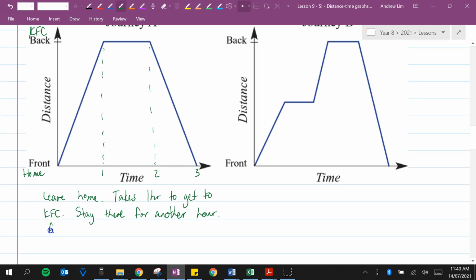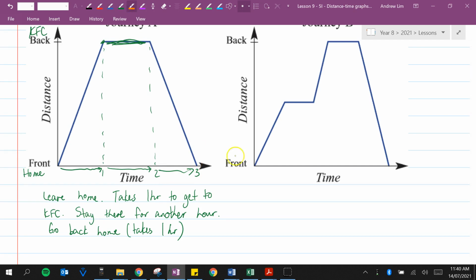Go back home, and that takes 1 hour. Okay, so in 1 hour, you finally got to KFC. You stay there for another hour, because it's flat, you're not moving anywhere. And it took you another hour to get back home.